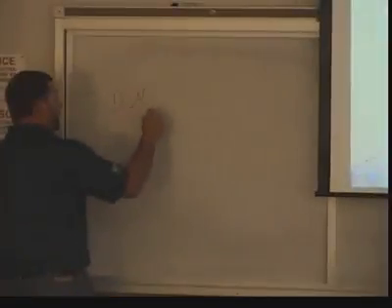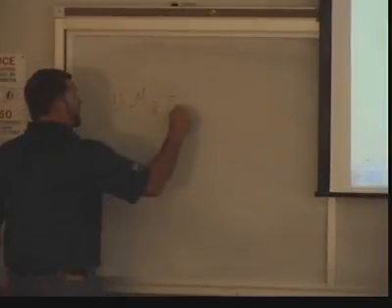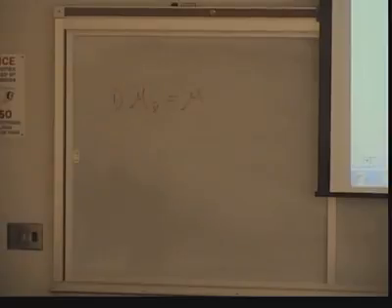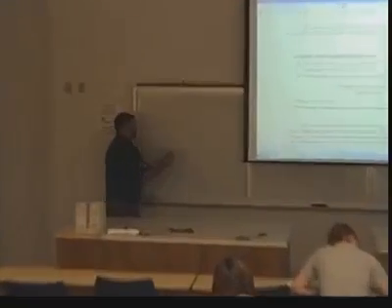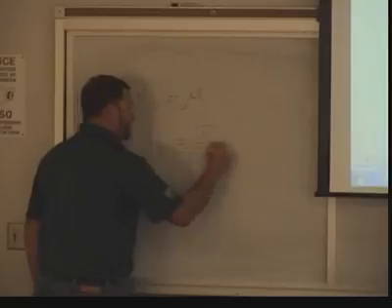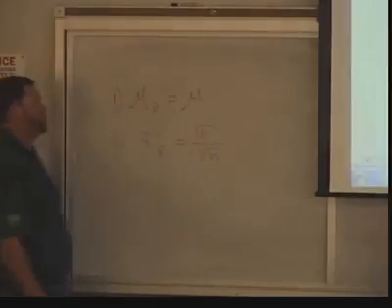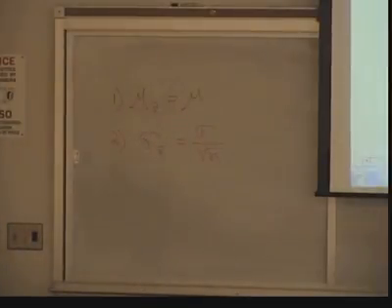So step 1 says my mean of X bar is equal to my population mean, which I just kicked out the expected value of X bar because that's what the mean is. And 2, my standard deviation of my sample mean is equal to my population standard deviation divided by the square root of the size of the sample.